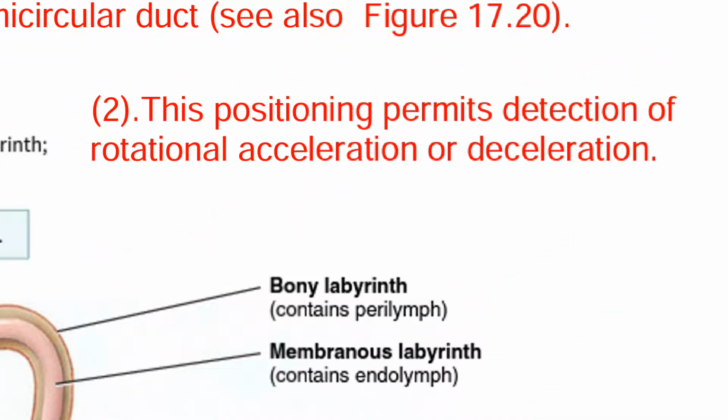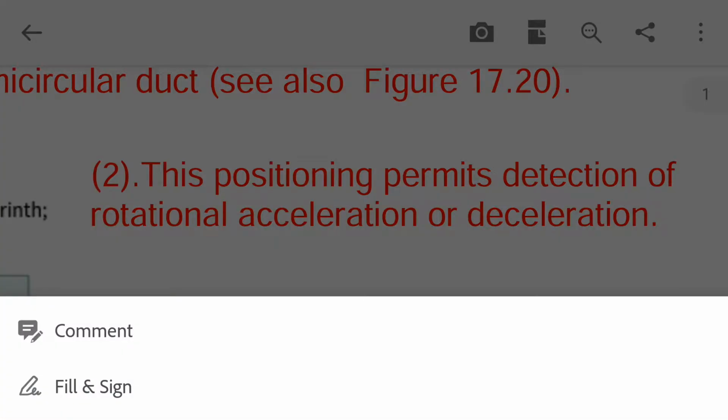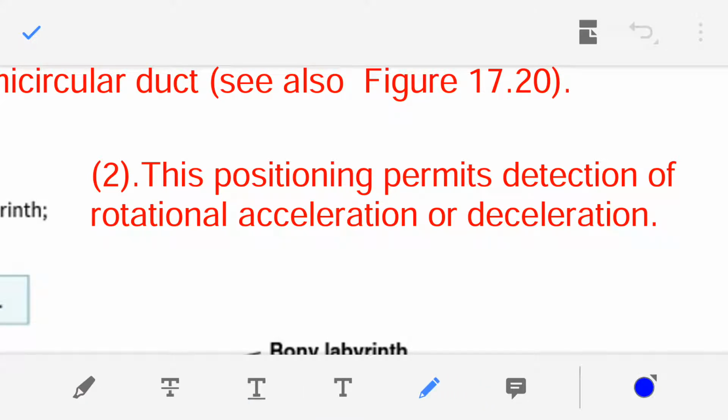Now, the positioning of these three ducts permits us the detection of rotational acceleration or deceleration. So what is rotational acceleration and deceleration? See, when we are rotating our head in a circular path, let's say we are dancing on a circular path, that means our body is spinning circularly.